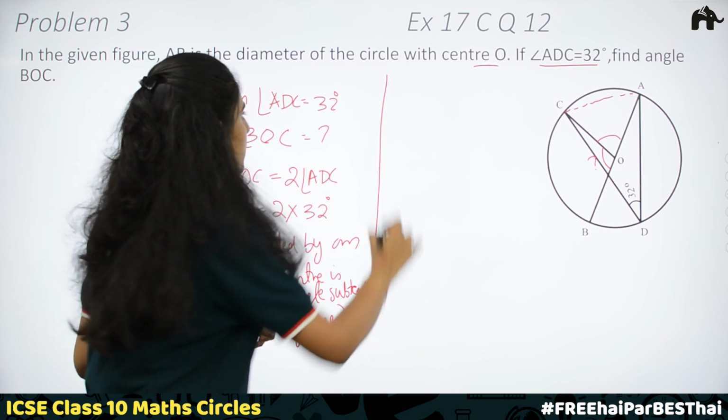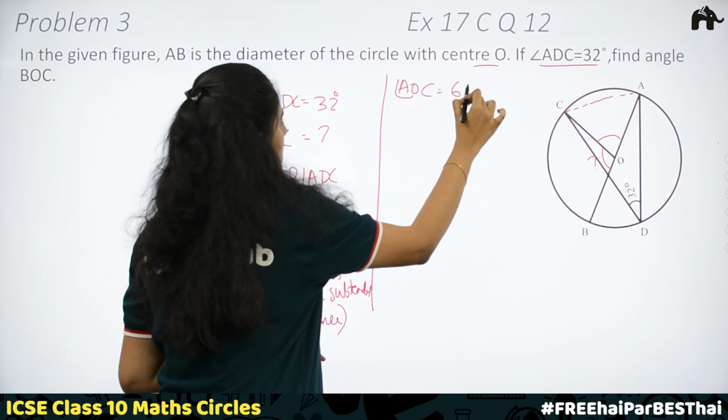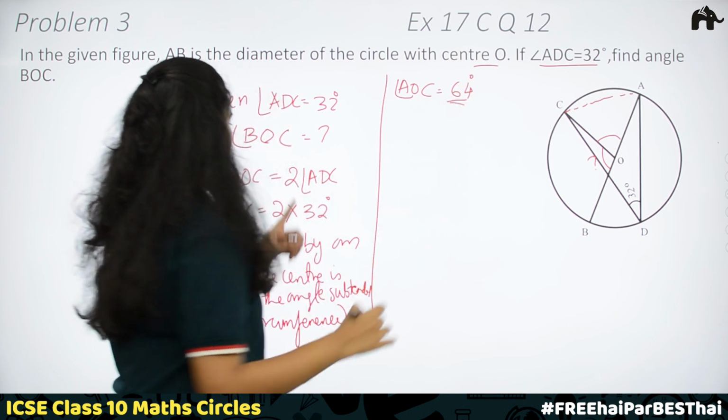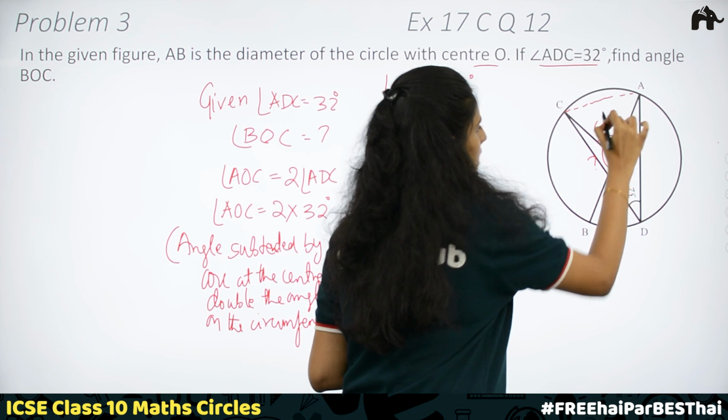So we will be getting angle AOC is equal to 64 degrees. AOC, 2 into 32 degrees, 64 degrees.